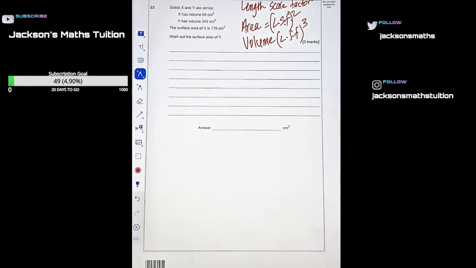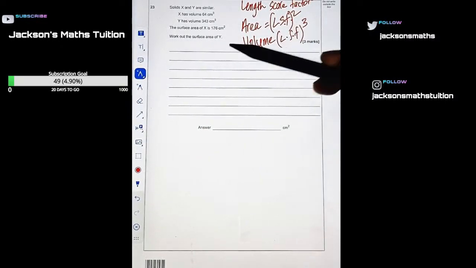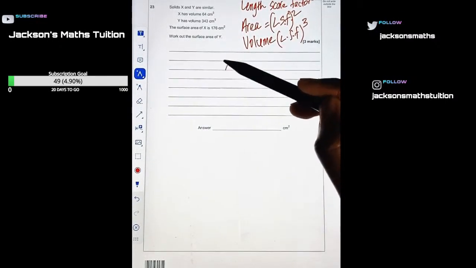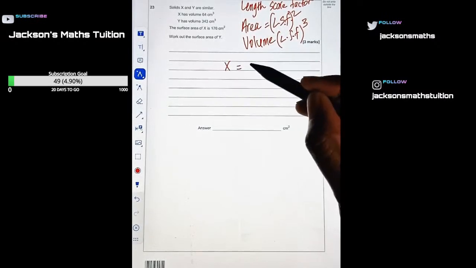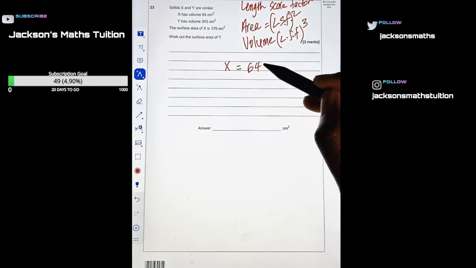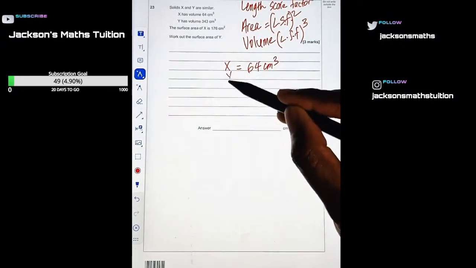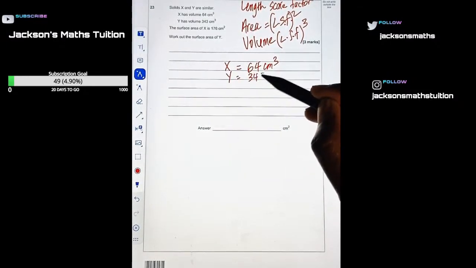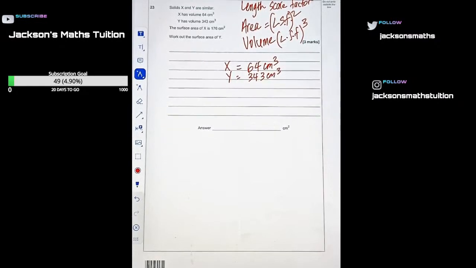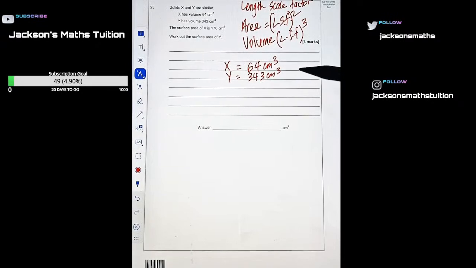All right, so X and Y are similar. X has a volume of 64 and Y has a volume of 343. Now to work out the length scale factor, let's do the cube root, okay?